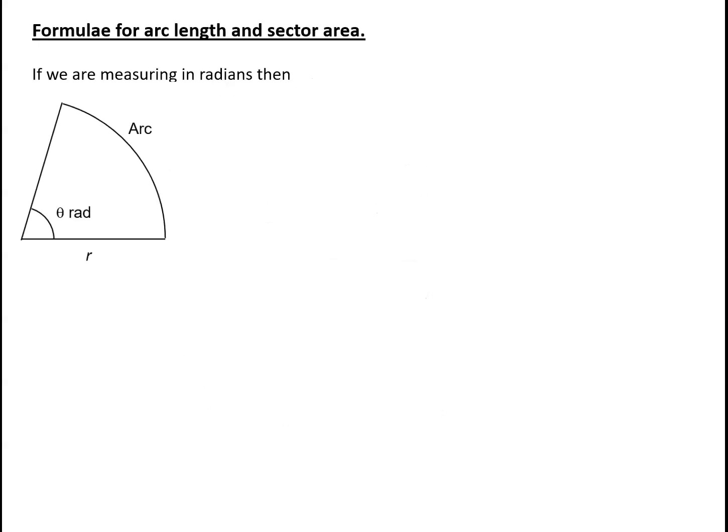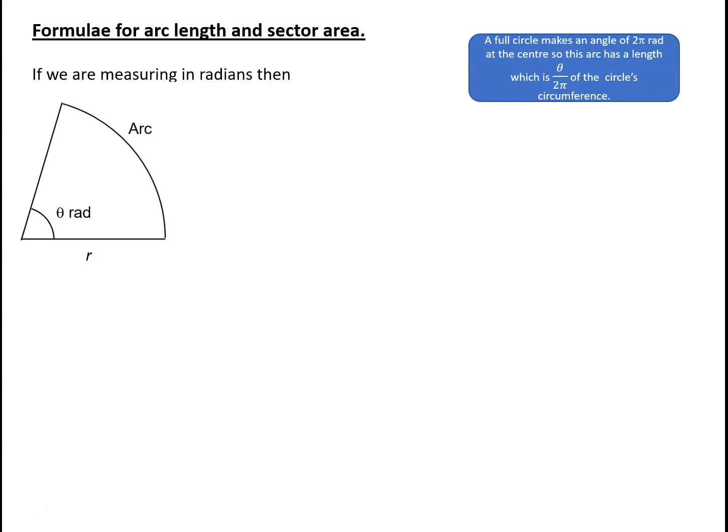If we are measuring in radians, then the formula for the length of an arc of a circle becomes really neat, because we know that a full circle is 360 degrees, and 360 degrees is 2 pi radians. So the fraction of the circle that we've got is theta divided by 2 pi.